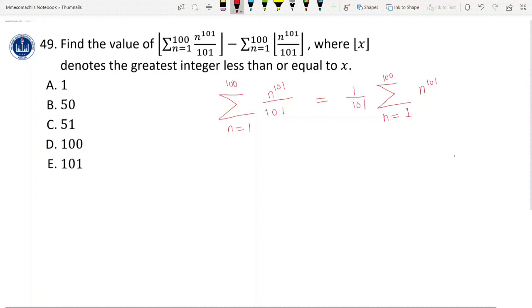Okay, so now from Fermat's little theorem we can simplify this. 101 is a prime, so that's one thing we should take note of.